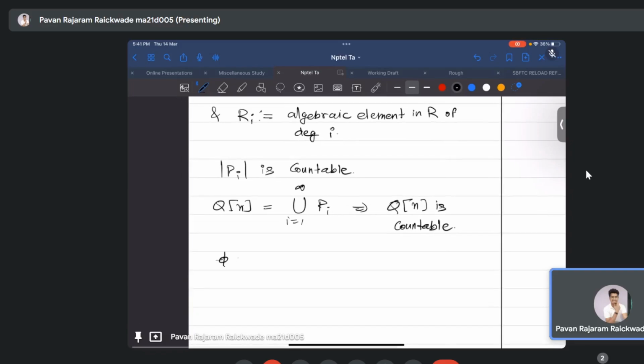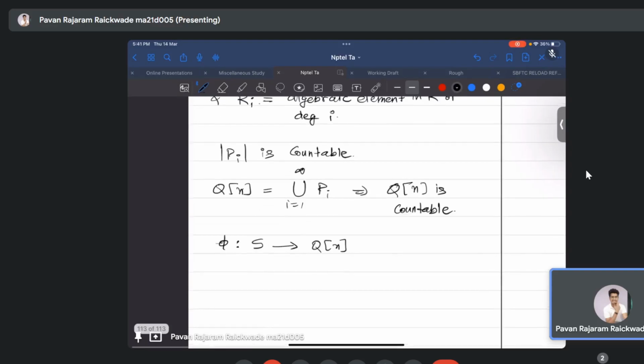If I give a mapping phi from S to Q[x], or rather I'll do a mapping S tilde. What is S tilde?